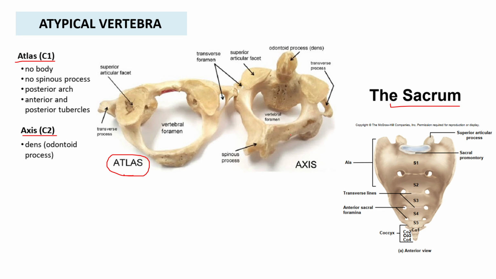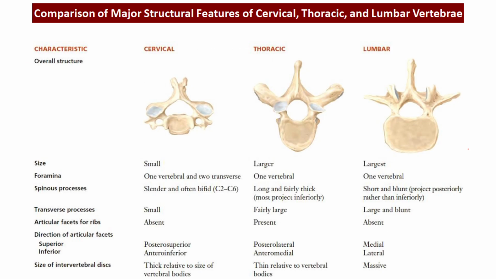And for the axis, its body becomes like this, called the odontoid process or the dens. And the sacrum is 5 sacral bones fused into one, like a triangle bone. So these are the atypical vertebrae, and you can study the difference between the cervical, thoracic, and lumbar vertebrae yourself.